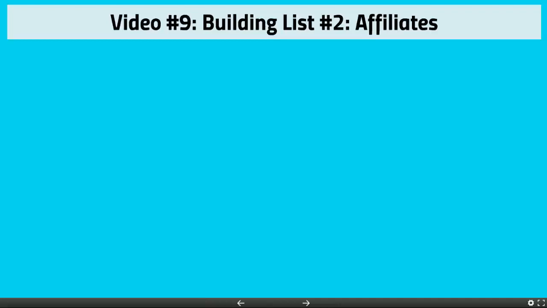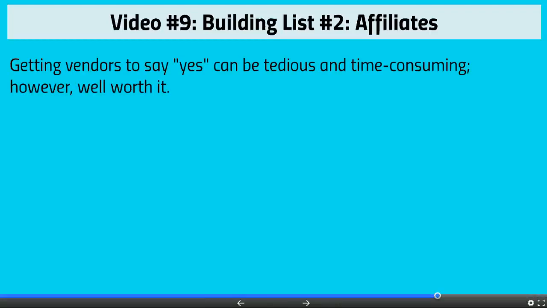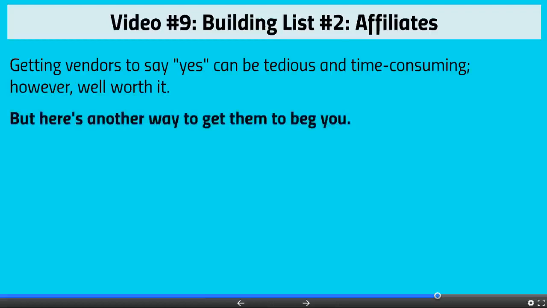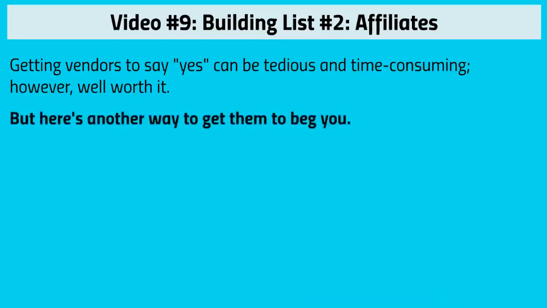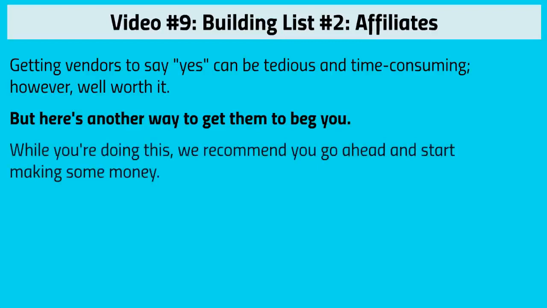And I'll explain in just a minute how you can go about doing this. So getting vendors to say yes can be tedious and time consuming, however, very well worth it. However, there is another way to actually get them to come to you and get them to beg you.